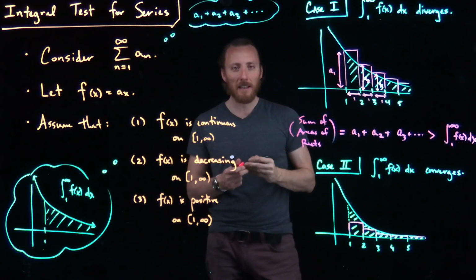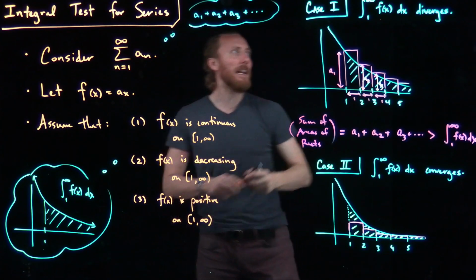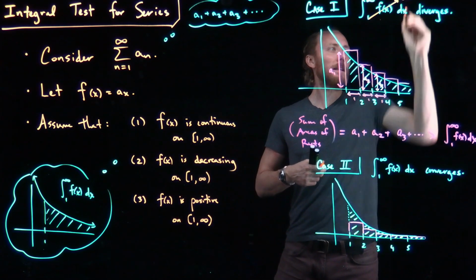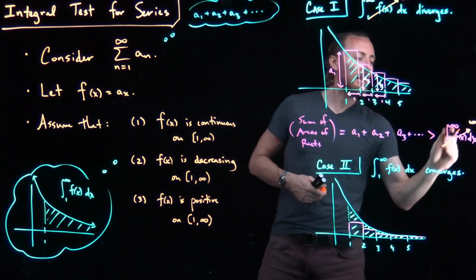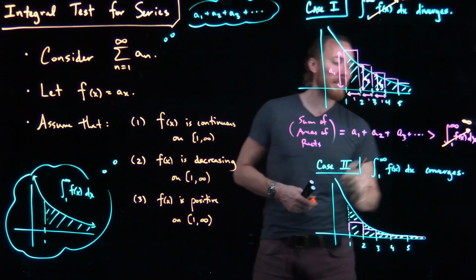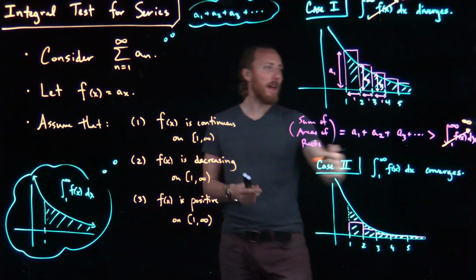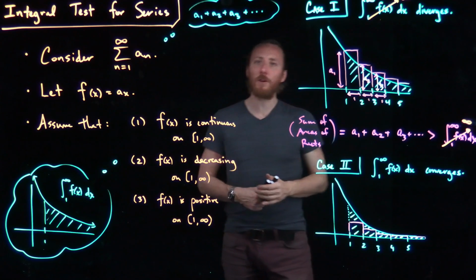And that's interesting because the integral from 1 to infinity of f of x dx was infinite, which means the sum a1 plus a2 plus a3 is also infinite. Bigger than boundlessly large is boundlessly large itself.